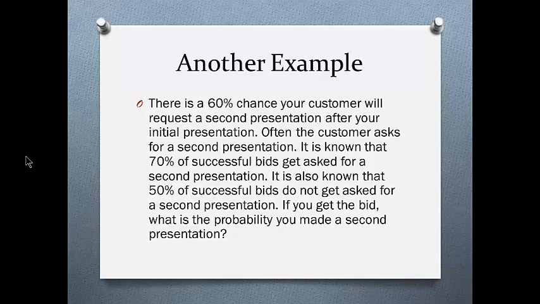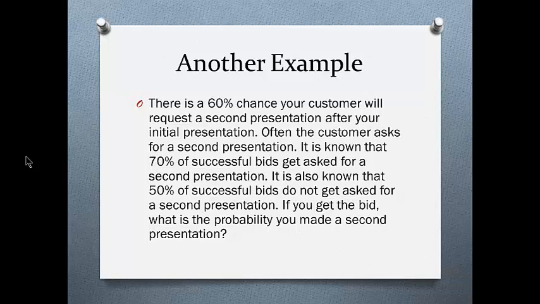There's a 60% chance your customer is going to request a second presentation after your initial presentation. This is common. If it is known that 70% of your successful bids get asked for a second presentation, and it is also known that 50% of successful bids do not get asked for a second presentation.